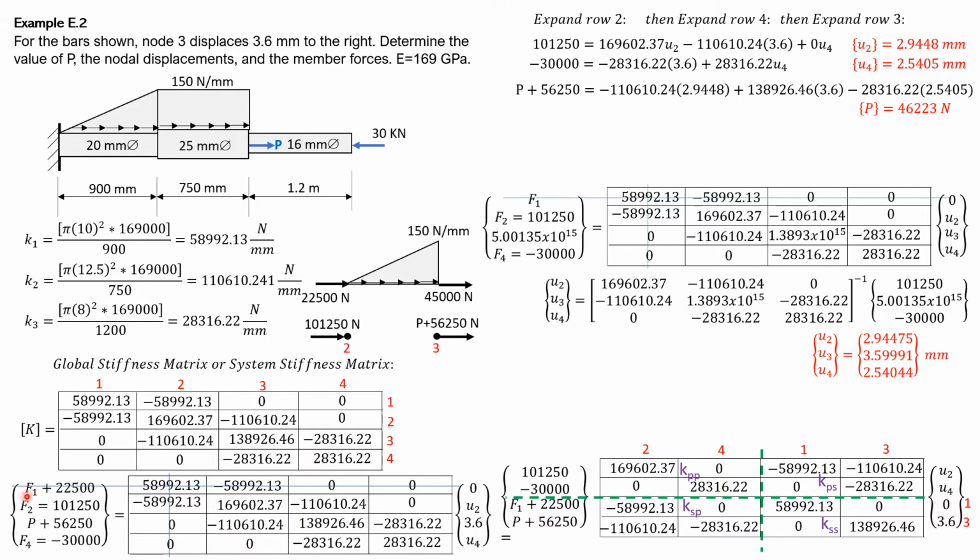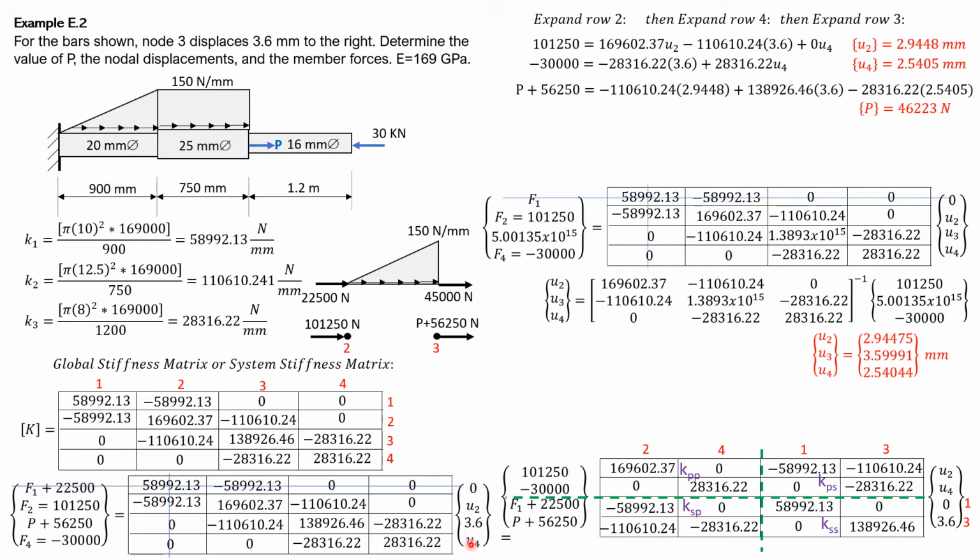So these are the forces. At node 1, we have F1 plus 22,500. Take note of that because there is 22,500 acting to the right there. At node 2, 101,250. Node 3, P plus 56,250. And at node 4, negative 30,000 newtons.